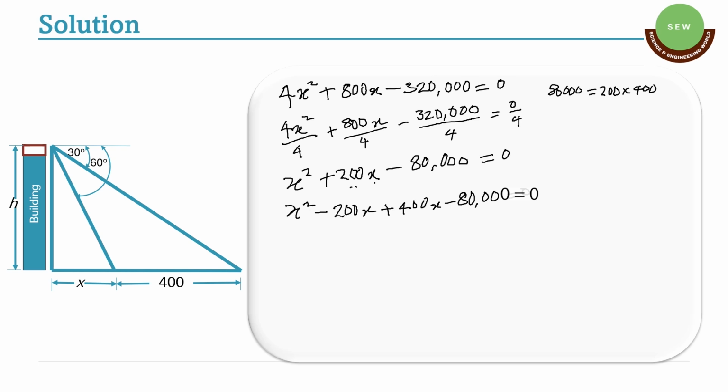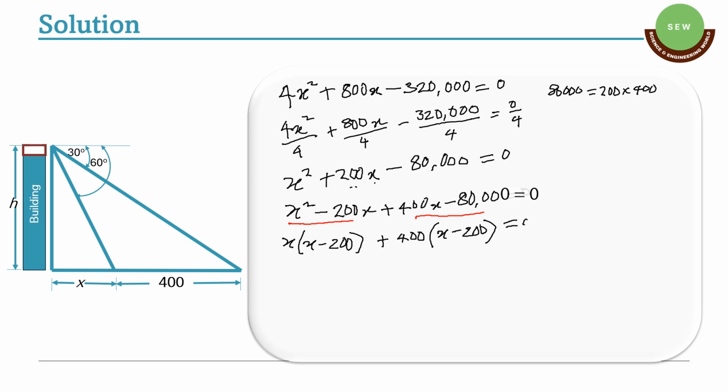Now we can combine these two and these two. So we now have x into (x minus 200) plus 400 into (x minus 200) will give me 0.